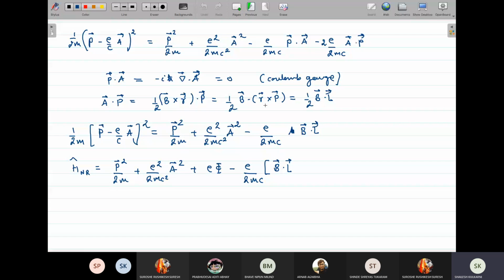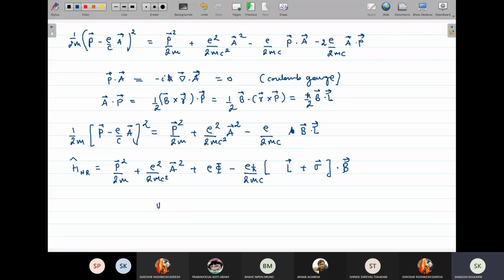Somewhere I missed h cross here. When I put P, it is r cross i h cross gradient, so it will be h cross here. So this will be plus sigma dot B. Correct? Now you see I can write this in a simple way. I can remove this B here, remove this B here, and I will simply consider B.